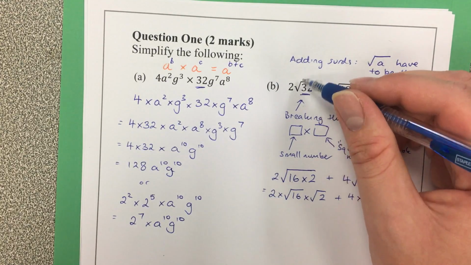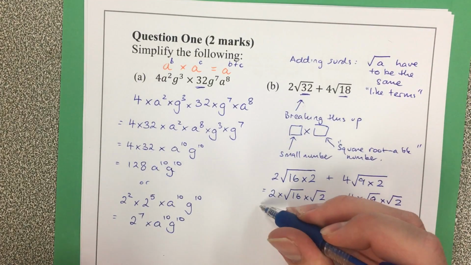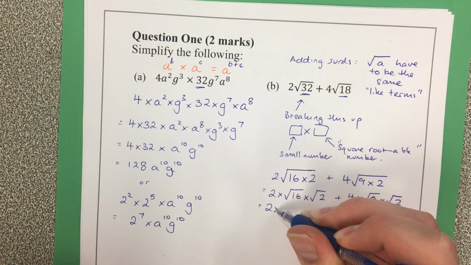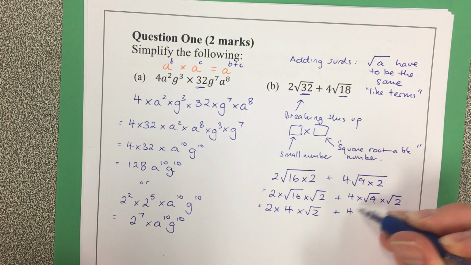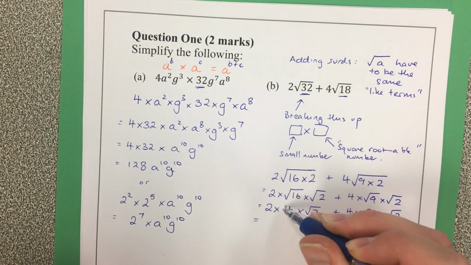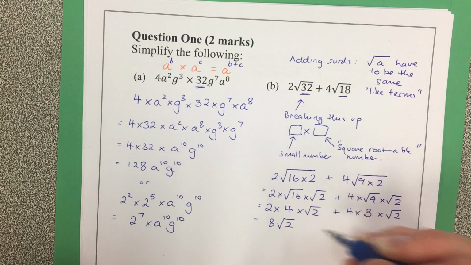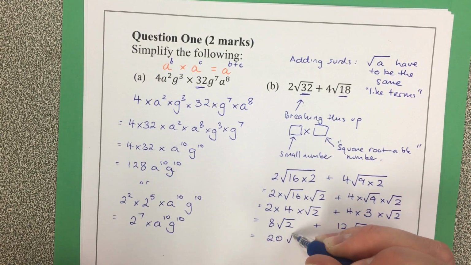So this was 2 times root 32 plus 4 times root 18. So root 16 is 4. Root 9 is 3. So this becomes 2 times 4 is 8. So this is 8 root 2 plus 12 root 2, which would be 20 root 2.